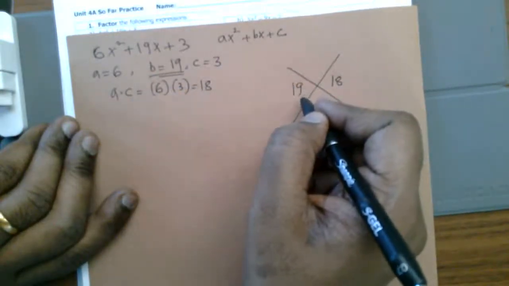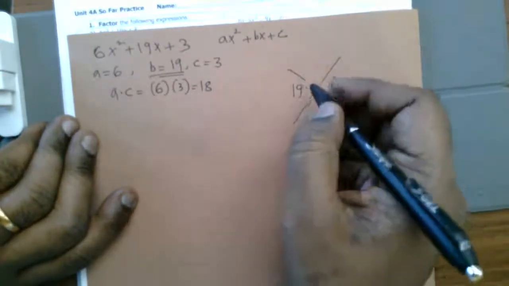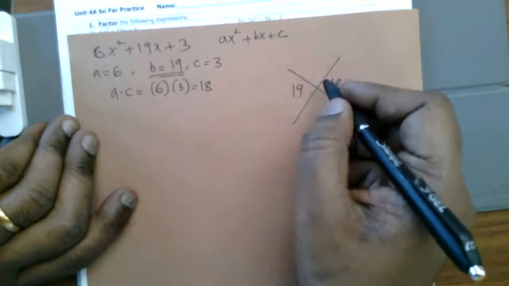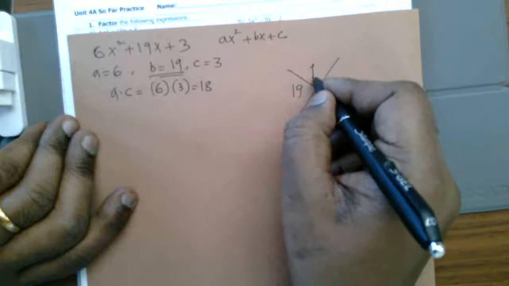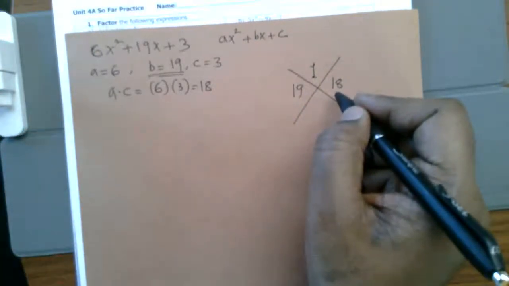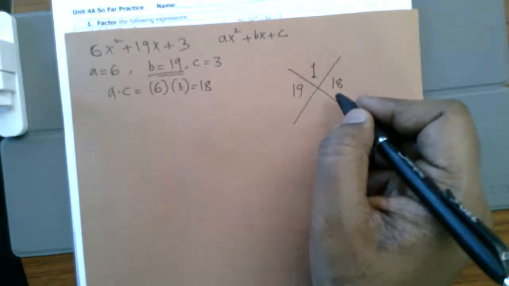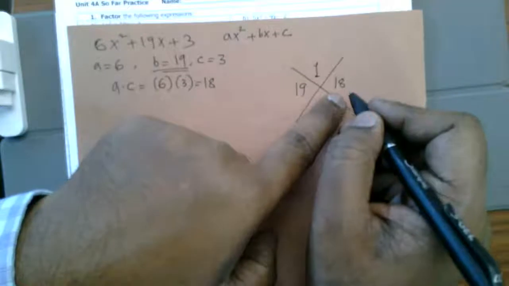Awesome. So now you have a sum 19 and product 18. There is a difference of 1. So to find the factors of 18, the best thing is take a 1, right? 1 is a factor of 18.